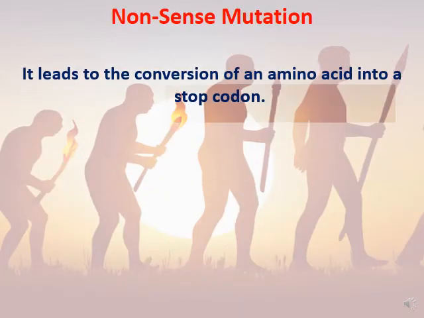Nonsense mutation leads to the appearance of the stop codon. This stop codon will lead to the stop of the synthesis of the protein. So this mutation leads to the conversion of the amino acid codon into a stop codon, where the synthesis of protein will stop.